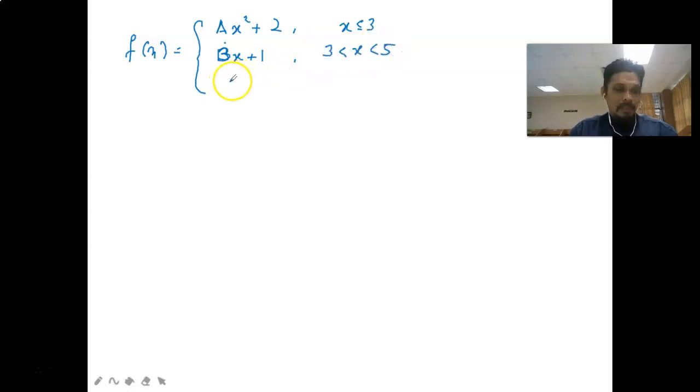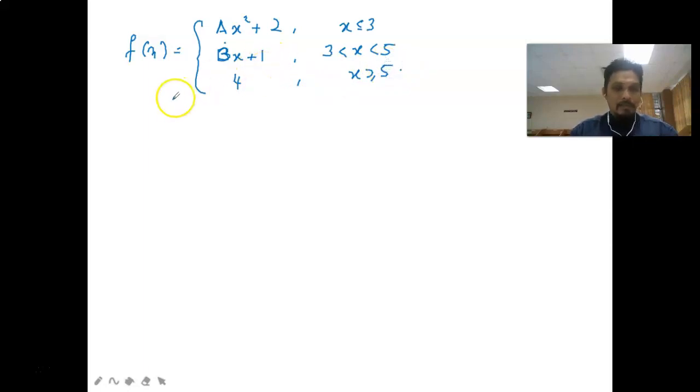So this is the function f(x). We have ax squared plus 2 for x less than or equal to 3, then bx plus 1 for x in between 3 and 5, and then equal to 4 for x greater than or equal to 5.